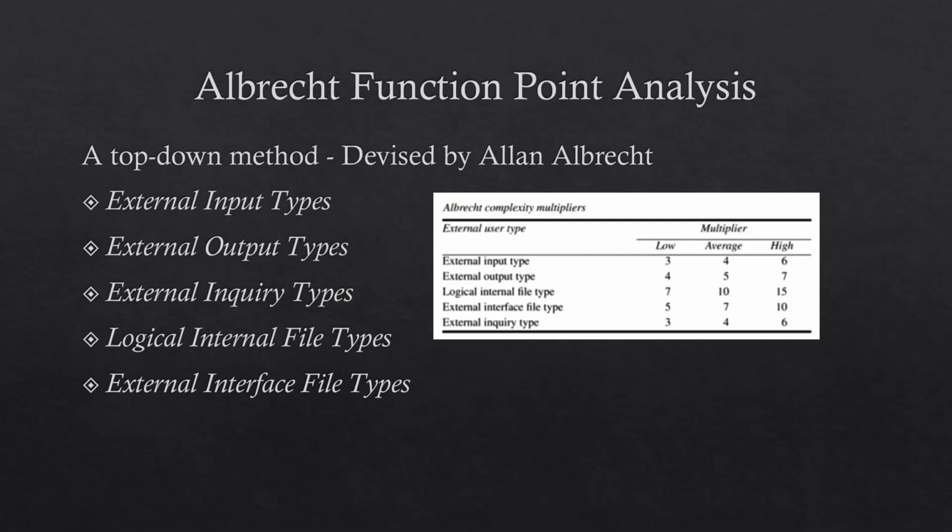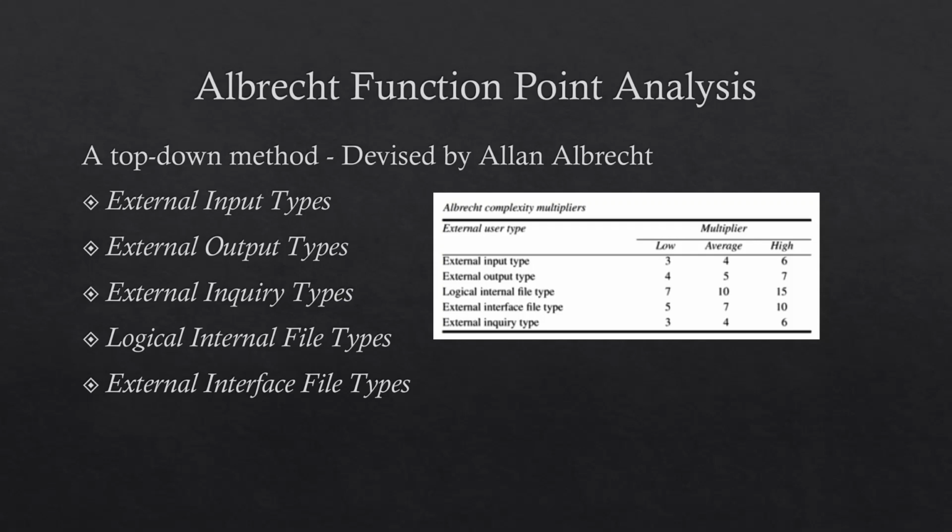That weight is shown in the table. Here, for the external input type, the multiplier for low complexity is 3. The multiplier for average complexity is 4. And the multiplier for high complexity is 6.